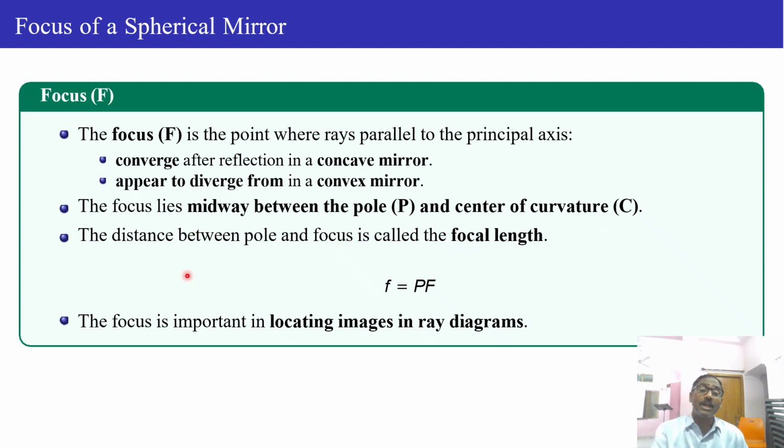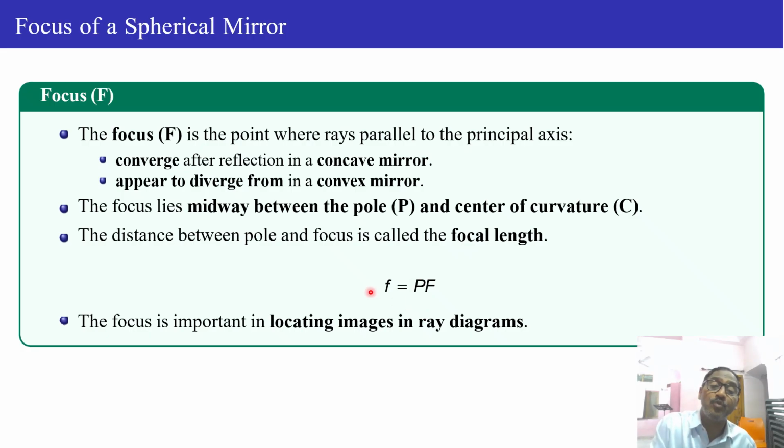See, the distance between pole and focus is called focal length. What is focal length? Distance between pole and focus, PF. We represent it by small letter f. So the distance between P and F, we represent it by PF.